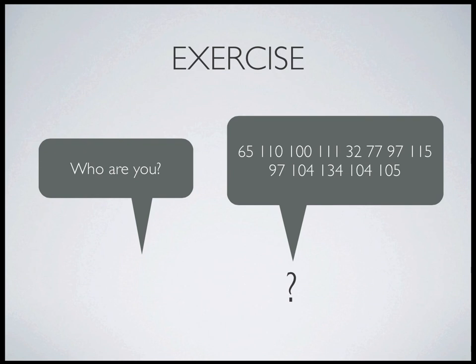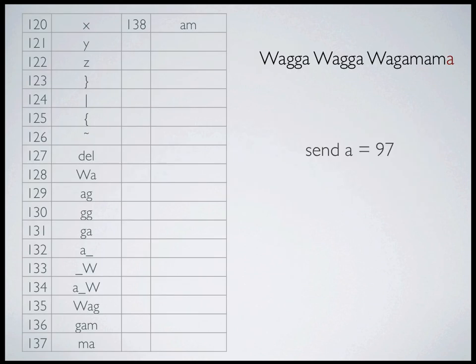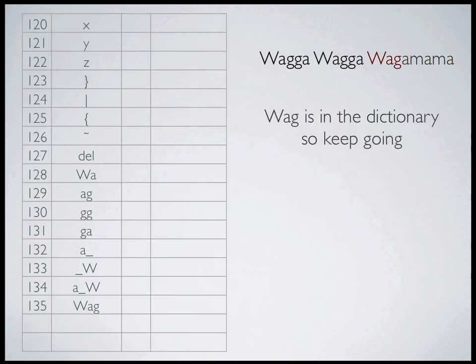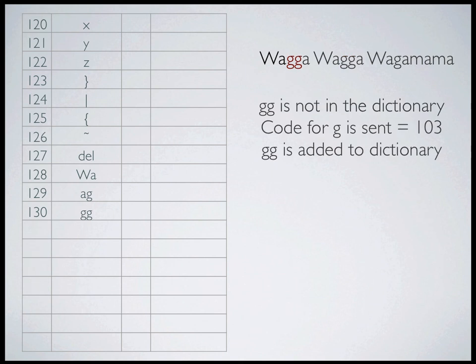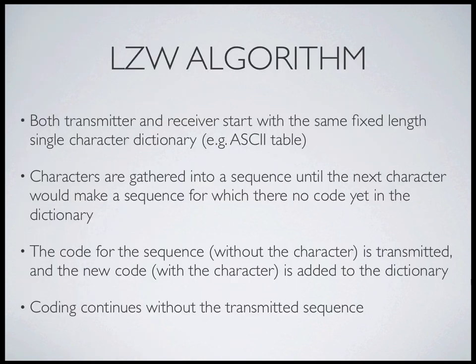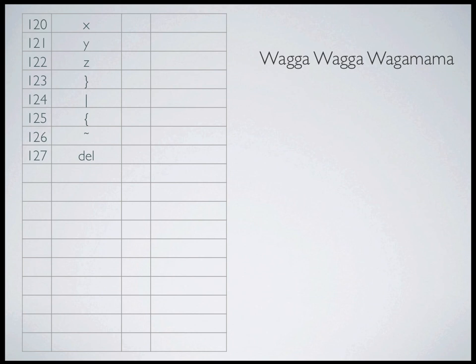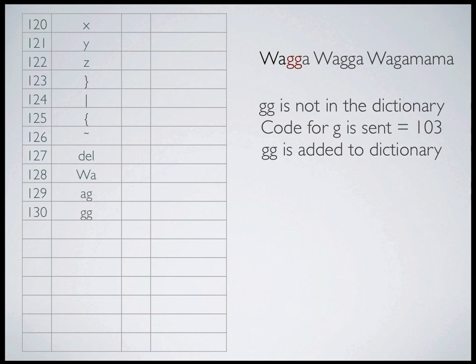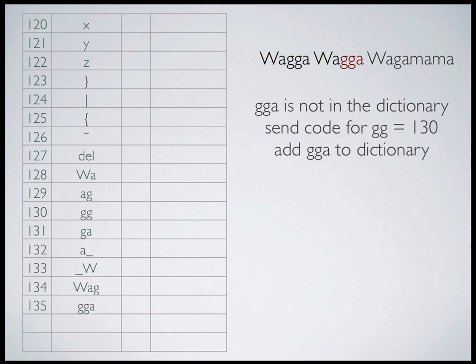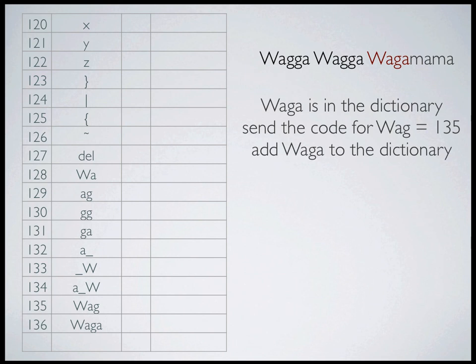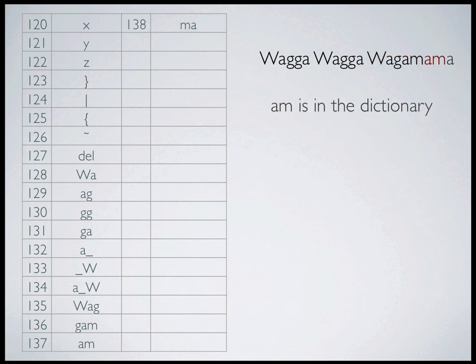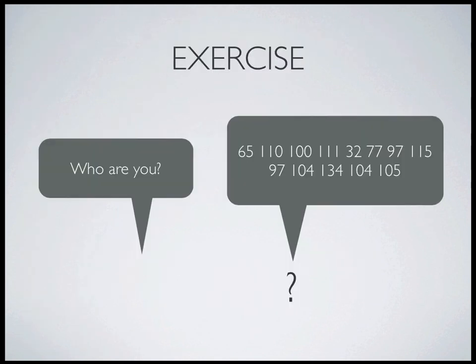Your starting point would be the ASCII table that I gave you there. Just assume it's a bog standard ASCII table, up to 127. So who is this? And no cheating.